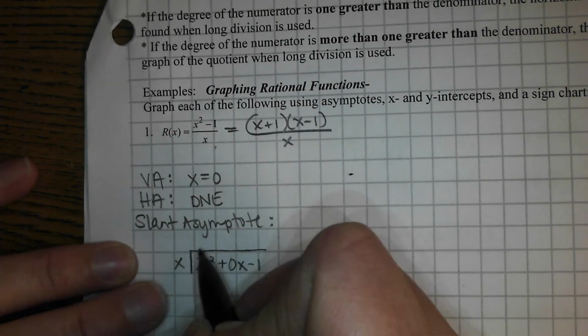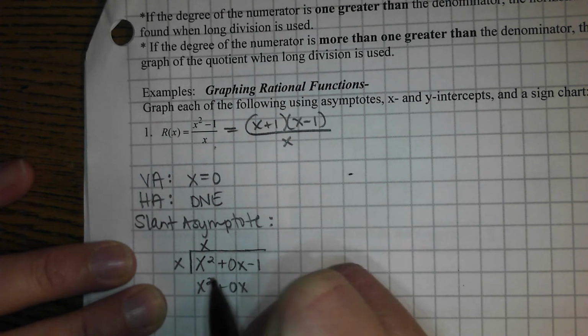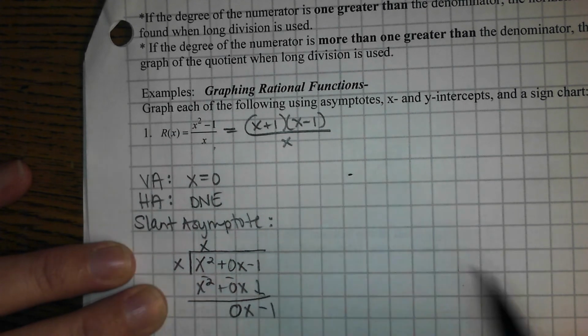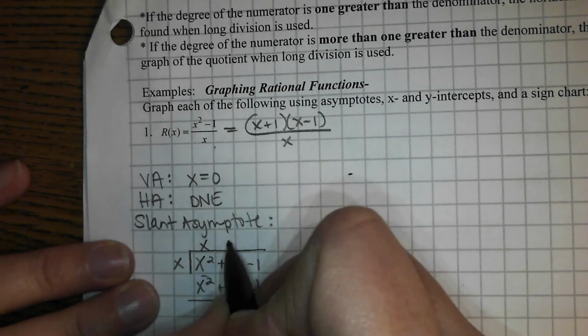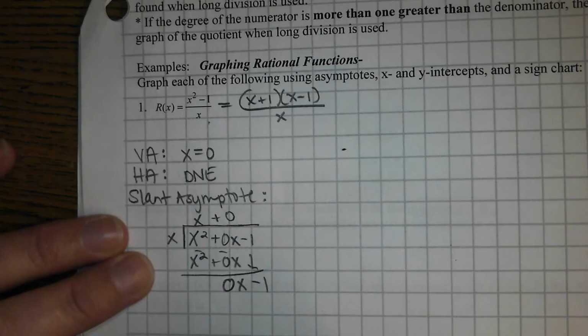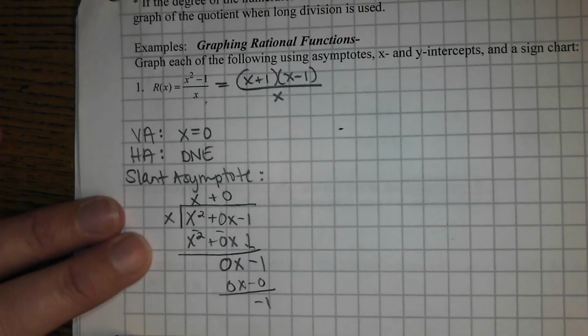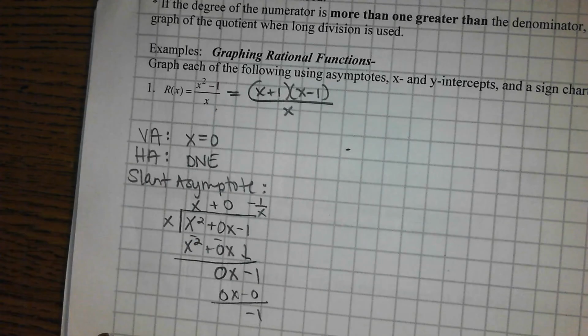So x goes into x squared x times. X times 0 gives me 0x minus 0, and then that's my remainder, so -1 over x.